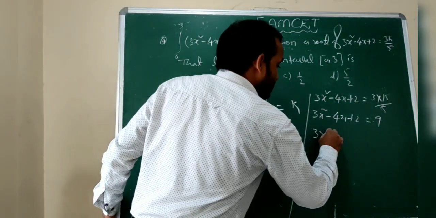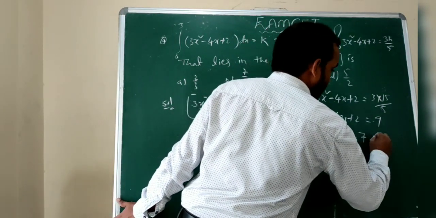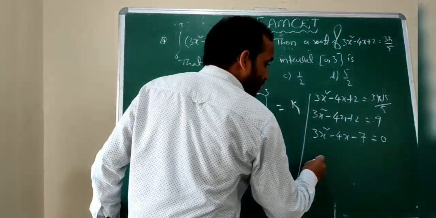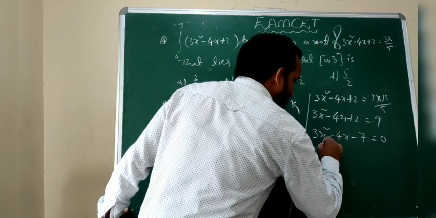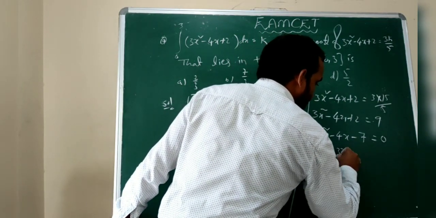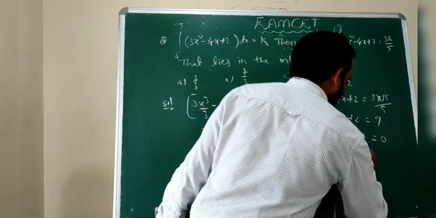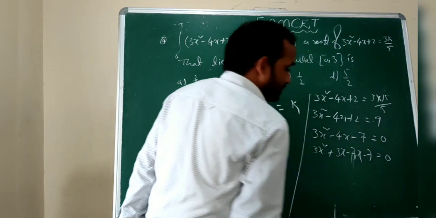So again simplification, 3x square minus 4x minus 7 is equal to 0. So that means roots will be found out. So 3 7s are 21, means 3x square minus plus 3x minus 7 is equal to 0.